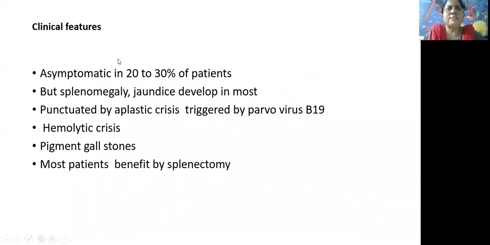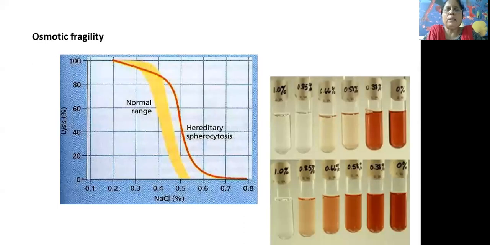It is asymptomatic in 20 to 30%, but splenomegaly and jaundice are seen in most of them, and aplastic crisis may be there due to parvovirus infection, hemolytic crisis, pigment gallstones. Most patients benefit by splenectomy. They remove the spleen. The spleen is the one that is killing the RBC. So when you remove it, the anemia will come out.